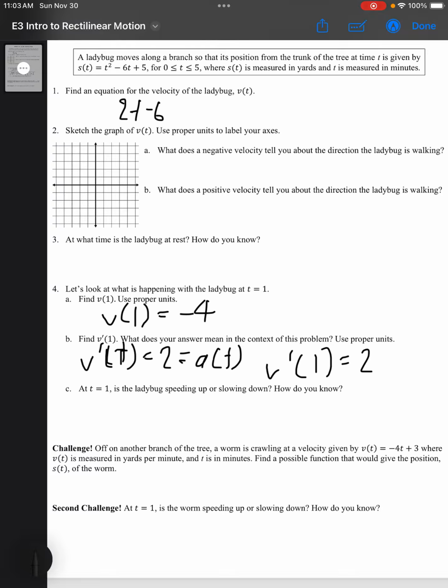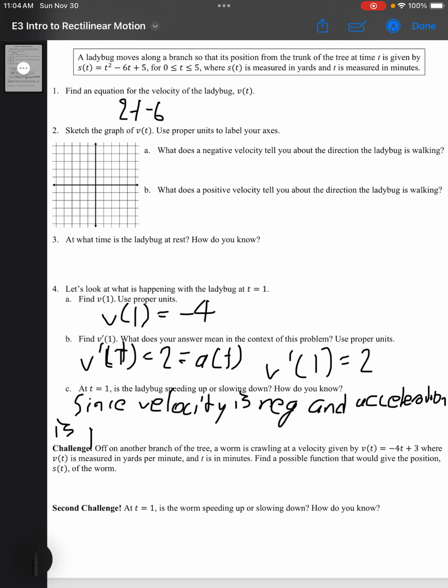I think you would write something like, since velocity is negative, I'm just abbreviating, is neg, and acceleration is positive, the velocity is going to 0, and the ladybug is slowing down.